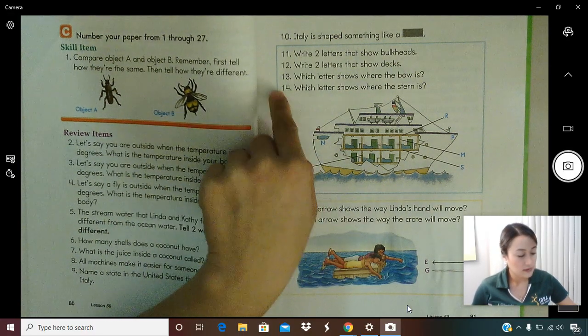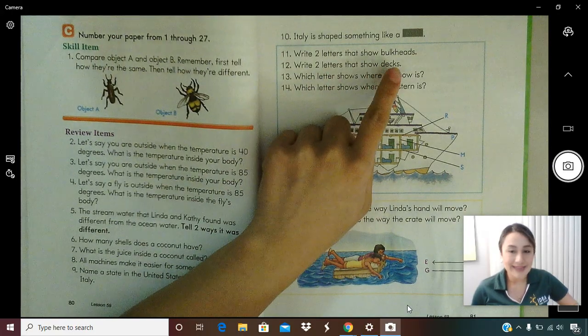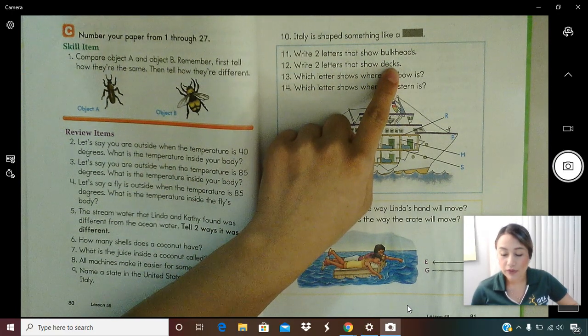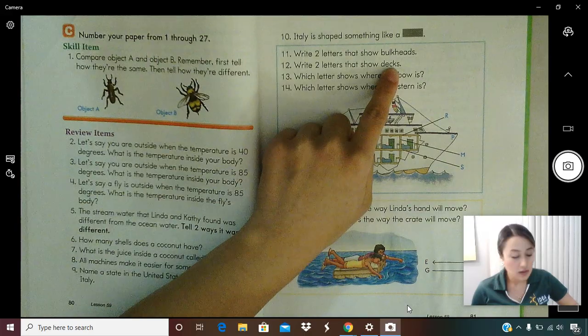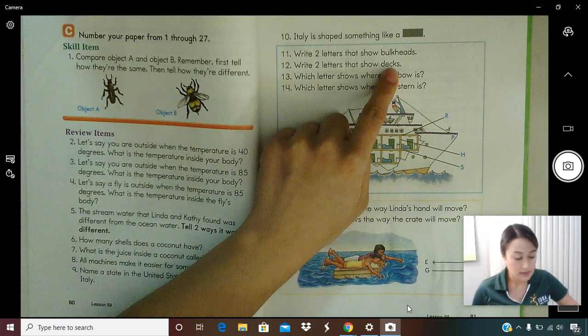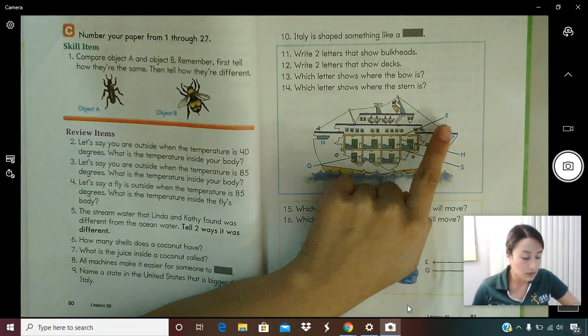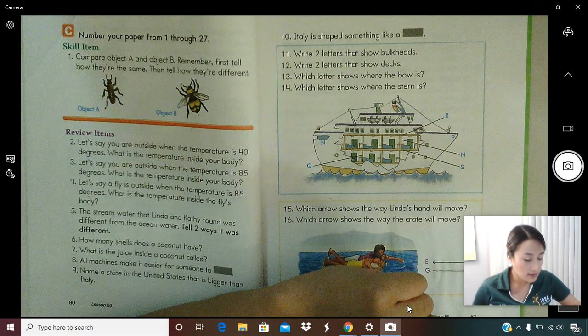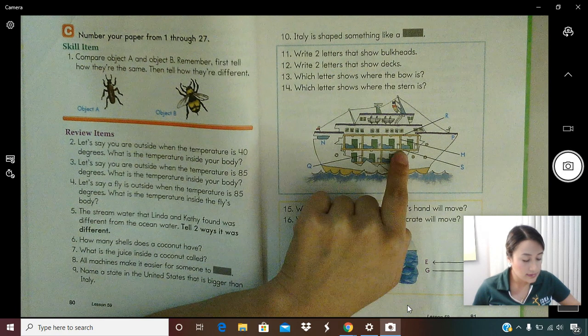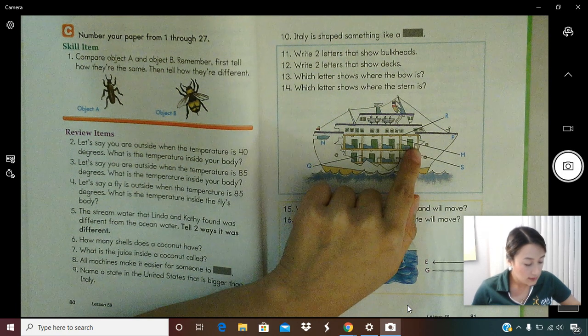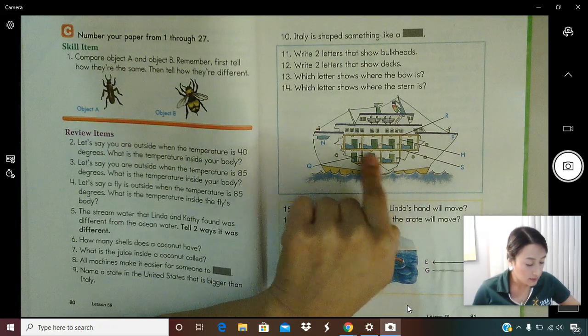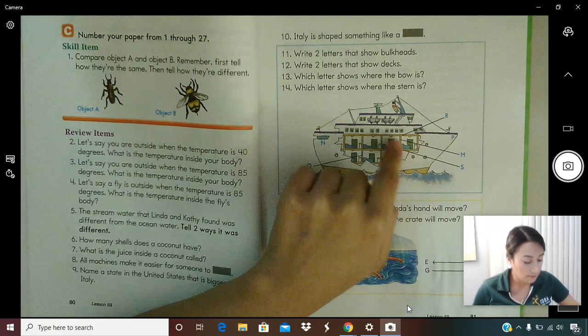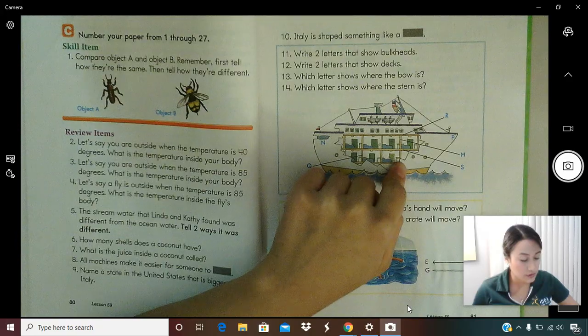Number 12. Write 2 letters that show decks. The answer for number 12 is R and S. If you look at the ship and you look at R and you look at S, you would see that they are the ceilings, okay? And the floors of the ship.